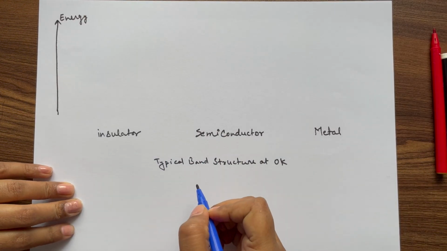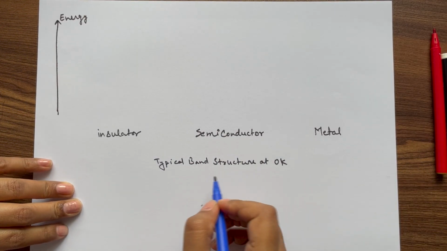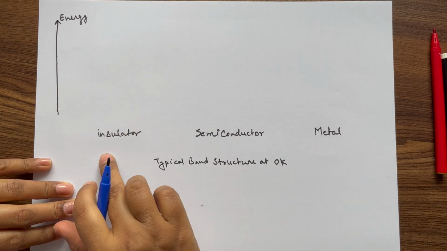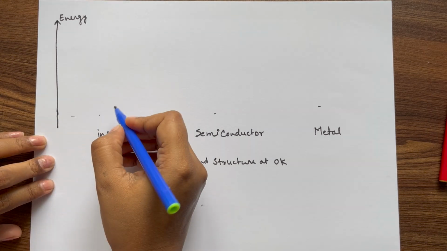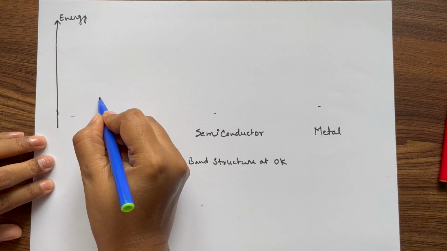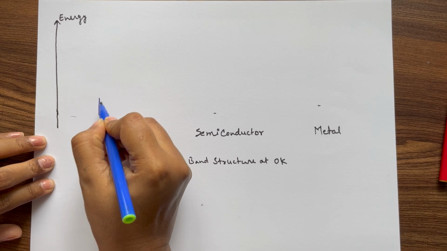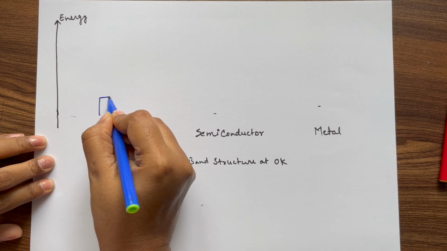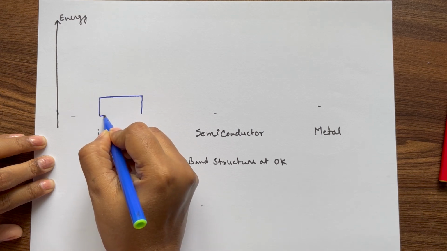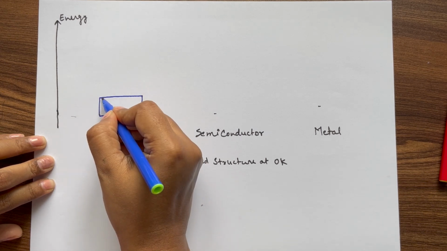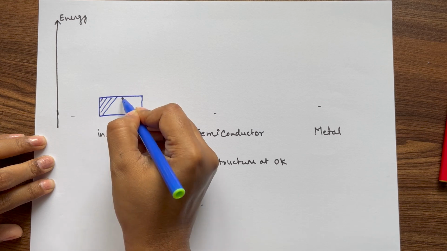Now we will see and compare typical band structure or typical band diagram of insulator, semiconductor and metal at 0 Kelvin. In insulators, the electrons in the valence band are tightly bound to the nucleus of the atom. So this valence band is filled.